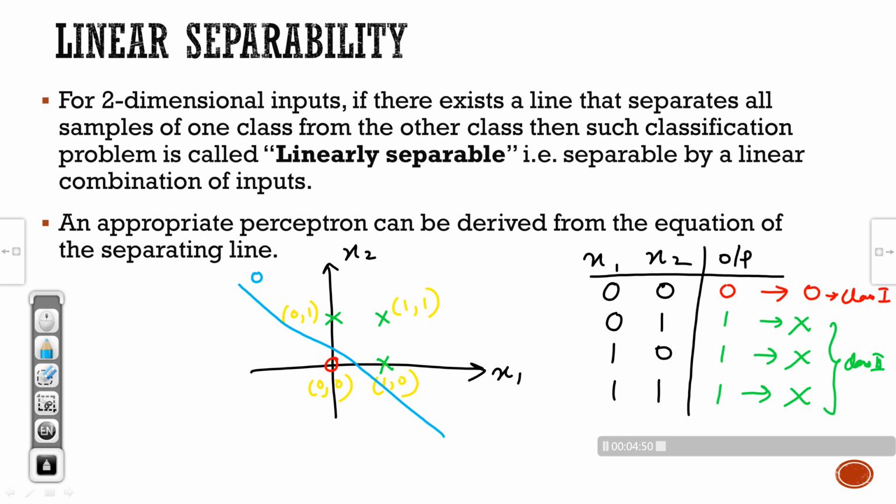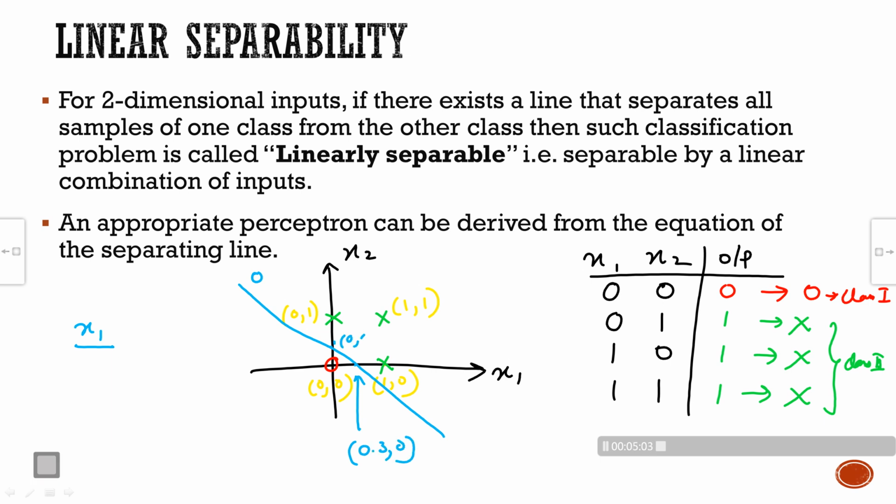In intercept form, say this point is 0.3, 0 and this point here is 0, 0.3. So I get x1 upon 0.3 plus x2 upon 0.3 is equal to 1. So x1 plus x2 minus 0.3 is equal to 0. This is the equation which will be used.